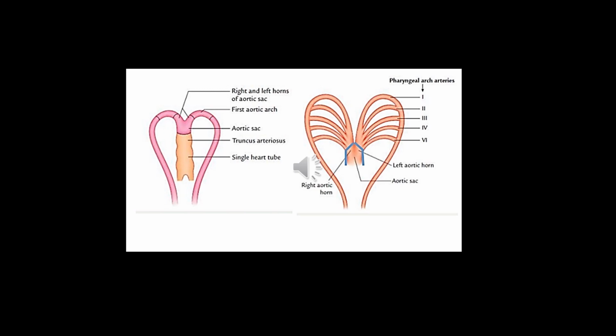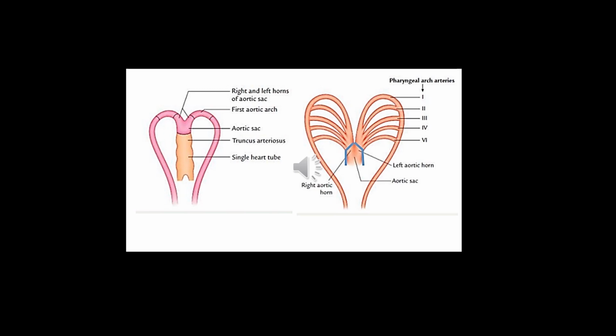The truncus arteriosus, as you know, divides to form aorta and the pulmonary trunk. The pulmonary trunk is of a different system altogether. So now we have to concentrate only on the arterial portion of the truncus, that is the ventral aorta, and how these arch arteries will be establishing connection with this part of the ventral aorta.